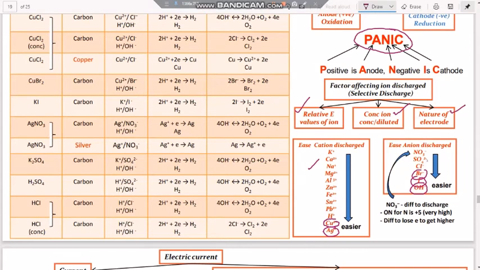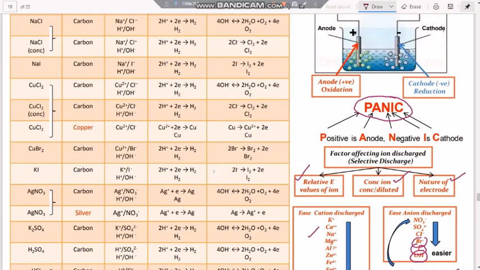Nitrate and sulfate are oxyanions, and they find it difficult to discharge. Why? Because the oxidation number of nitrogen is positive 5, a very high value in nitrate, and it is difficult to lose electrons to reach a higher level. So bromide, chloride, iodide and OH minus ions are easy, and they will get discharged in this process.